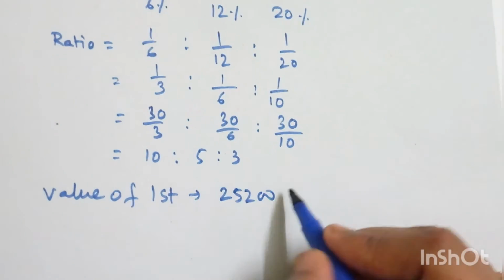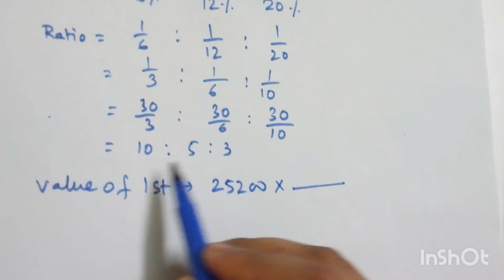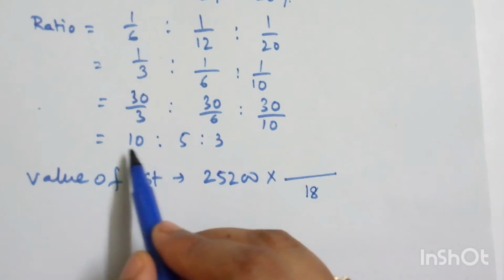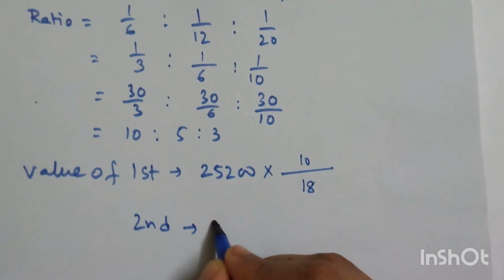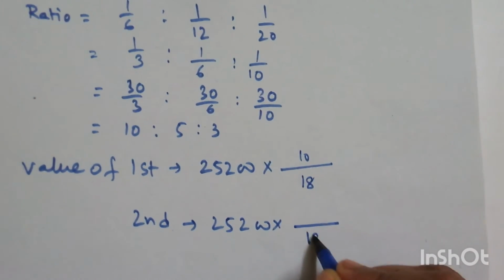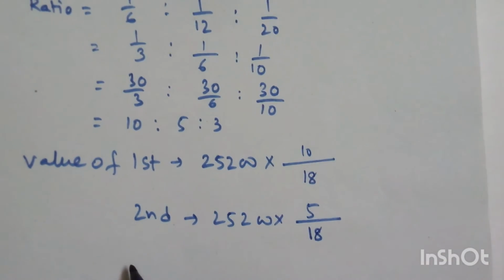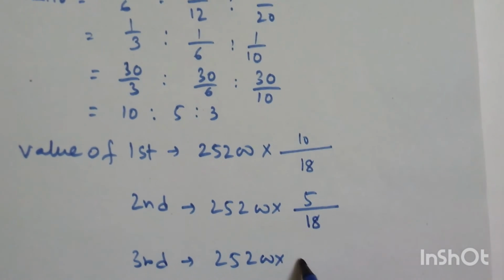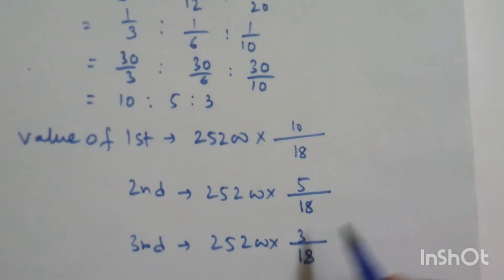So the value of the first part will be: the total amount is 25200, into the denominator, which will be 10 plus 5 plus 3, it will be 18. And the numerator for the first one is 10. For the second one, the denominator will be the same and the numerator will be 5, and for the third, the denominator will be the same and the numerator will be 3.